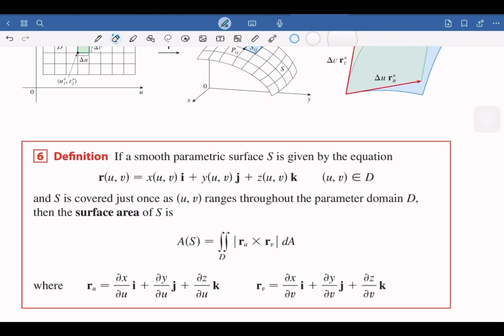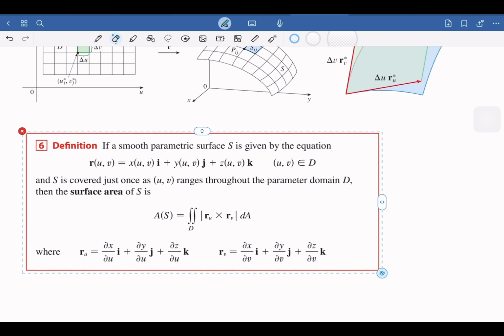Basically, this is just calculus 2, with some additional content. If you have a smooth parametric surface, which we call R, and S is covered in range throughout the domain, then the surface area is basically the area of the parallelogram. If you remember, a parallelogram can also be traced by vectors.